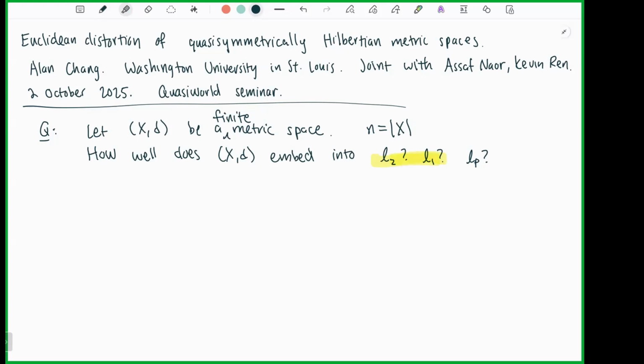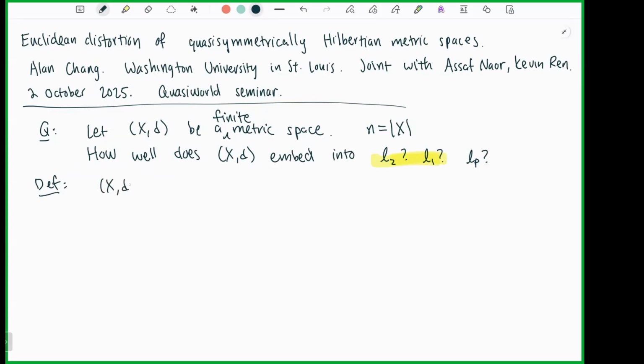One way of measuring how well a space embeds into another space is in terms of the distortion, or the bi-Lipschitz constant.